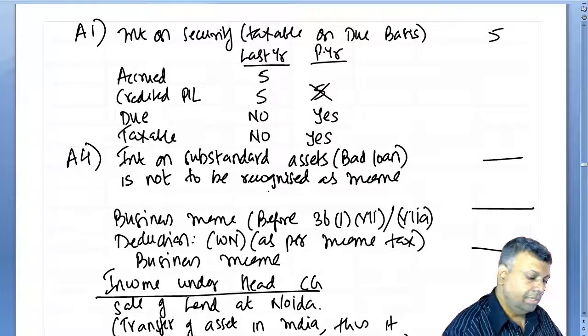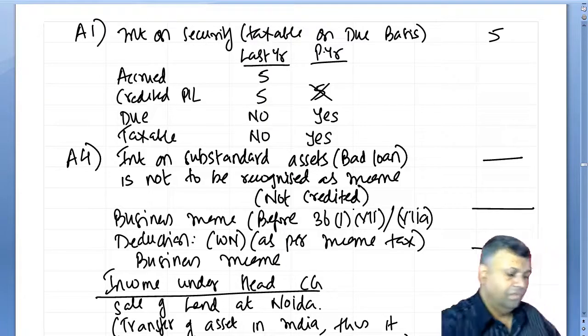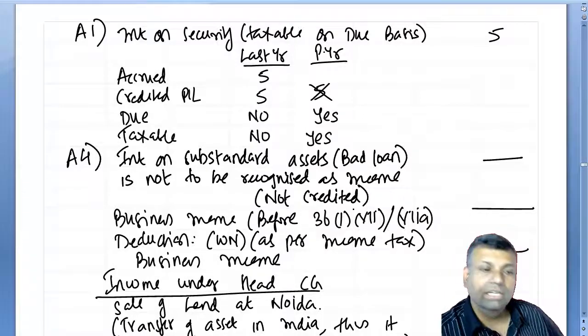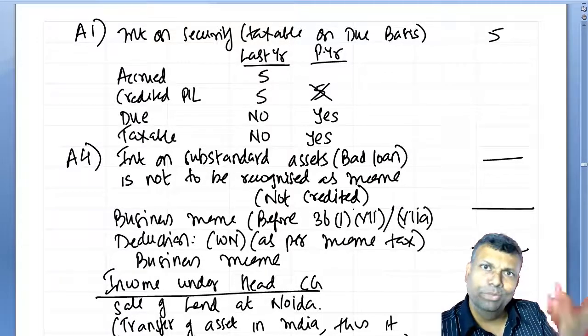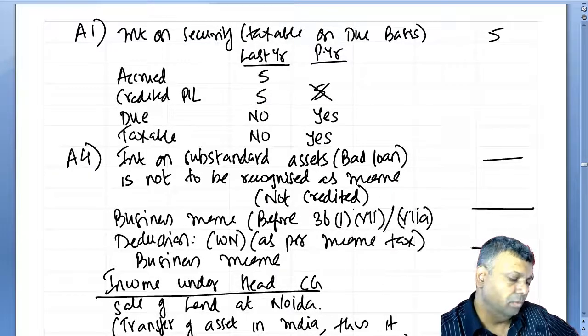No adjustment is required, and it is not even credited in the P&L because it is in the additional information. It is not credited and not even supposed to be credited. So there is no adjustment in the income computation.